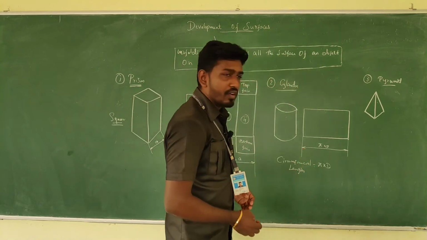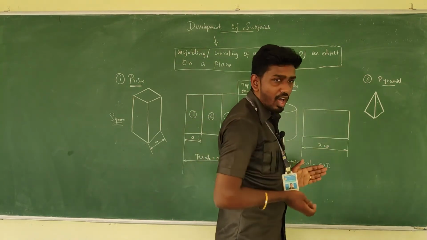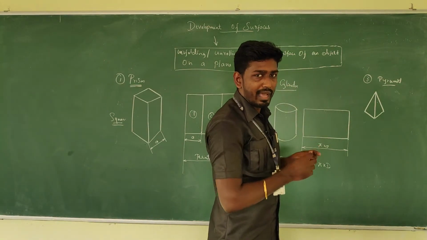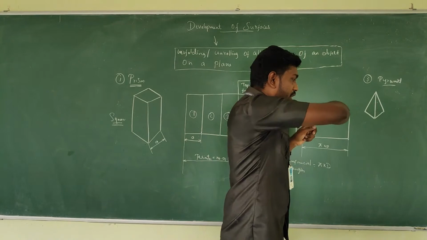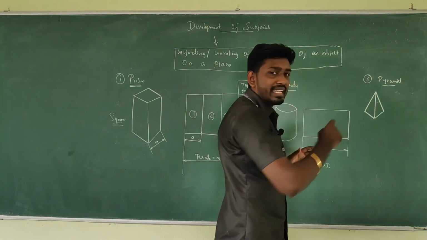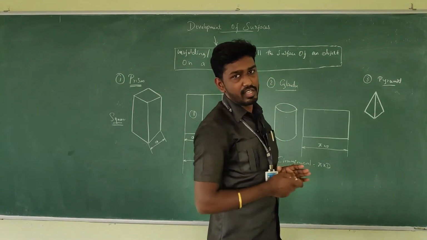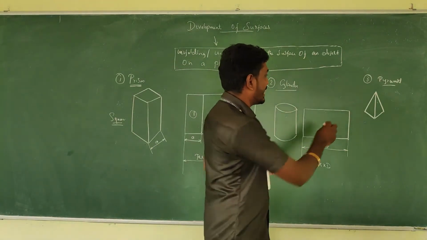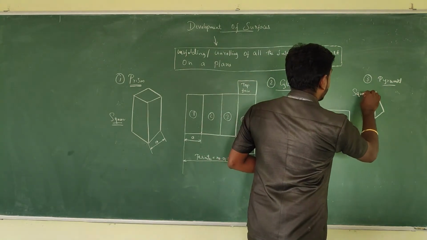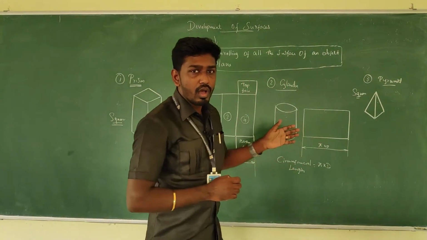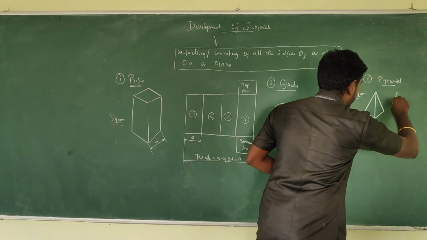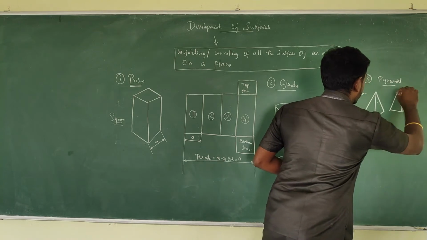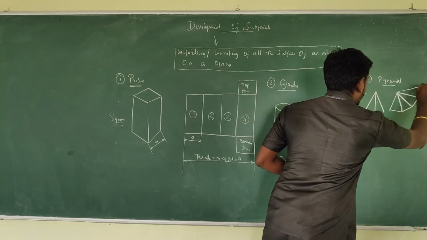Here, when you assume it is hollow and cut at the left extreme, when you stretch it out from the rear side you can see the triangular faces. The triangular faces will be proportional to the number of sides. Here it is a square pyramid, so you get 4 triangular faces, 1, 2, 3 and 4.